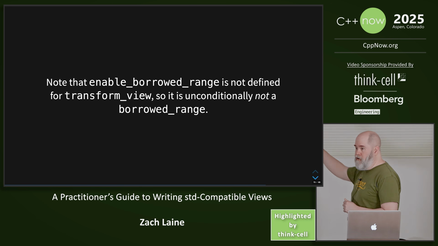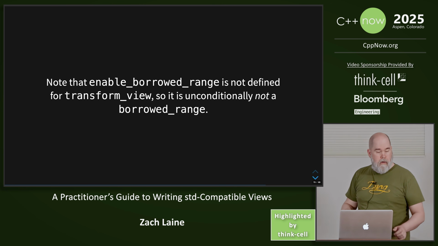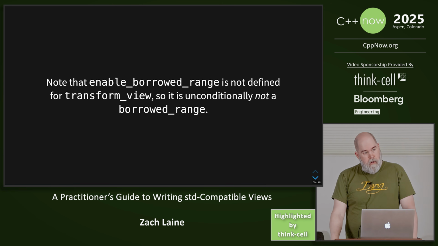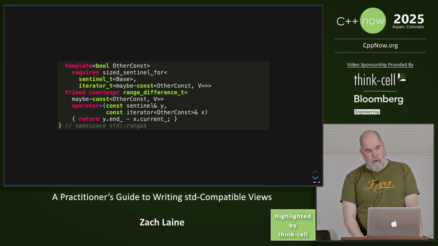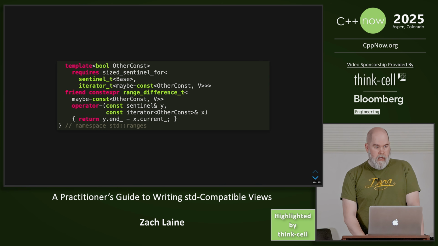Okay. So we never saw, go ahead. But the subtraction doesn't require random access of the iterator. It requires sized_sentinel_for, and that's it. Which, one of the ways you can get that to be true is if it's a random access range. No, it's not always true for random access range. Well, a common random access range, right? Common and random access dictate that it has to be sized.